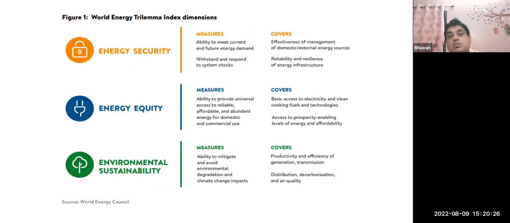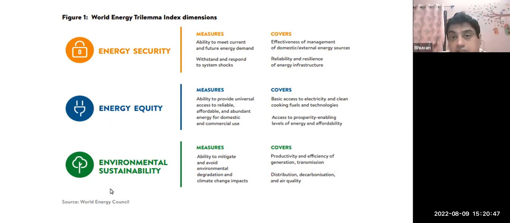So here we will talk about the world energy trilemma. This is very important. In the sustainability aspect, we have to ensure that there is a balance between energy security, energy equity, and environmental sustainability.